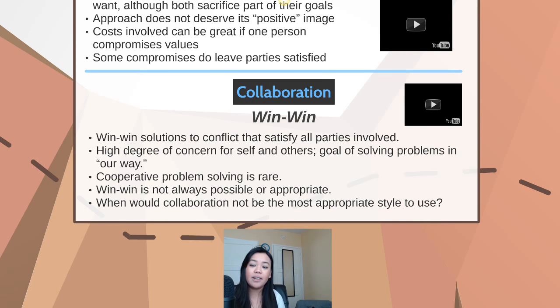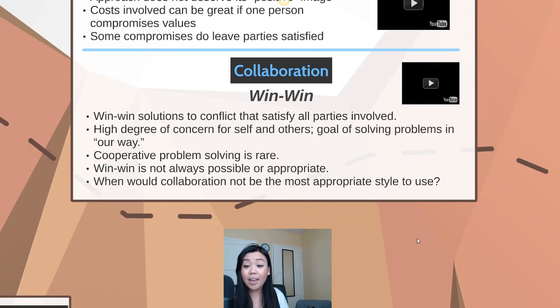And so we find that this solution isn't always realistic in a lot of situations, because maybe you might be happy with certain things, but the other person isn't. And it's kind of hard to find that overlap where both of you are satisfied and happy with the solution to the conflict at hand.